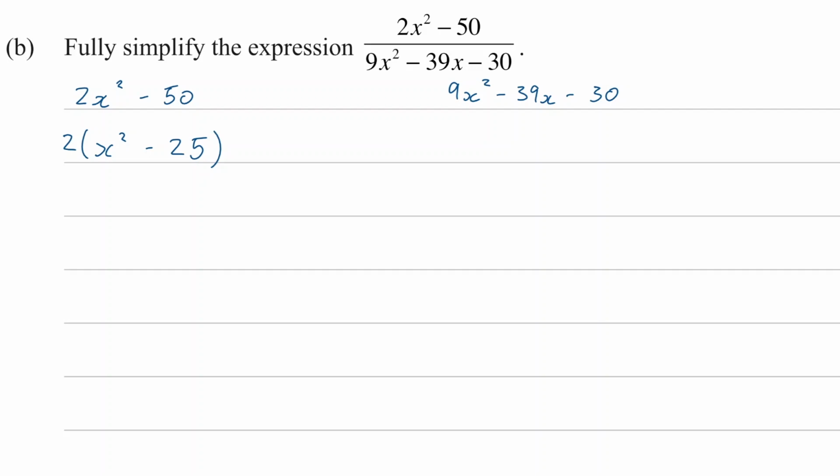Right, so I've just rewritten it. I pulled out a common factor between those two terms, and now we can factorize this inside term here. We're thinking of two numbers that multiply to negative 25 and add to 0, because this can be written as x squared plus 0x. We don't have an x term. So two numbers that multiply to negative 25 and add to 0 will be negative 5 and positive 5.